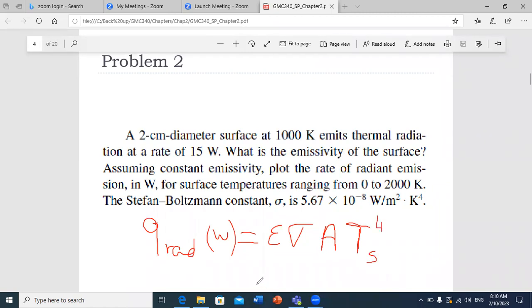Epsilon is without unit. Sigma is given, and the unit is watt per meter square Kelvin 4. The area is in meters square, and the temperature is in Kelvin.